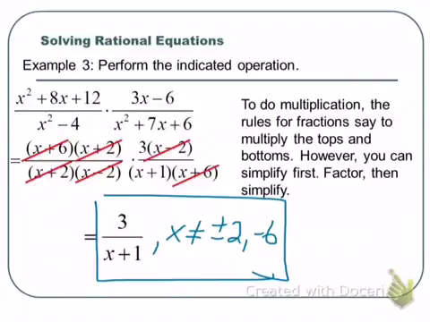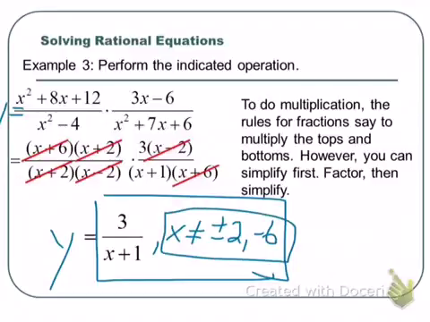Here's what I mean by that. If we were graphing this function, if y was equal to this thing we simplified, these three things are holes in the graph. Negative 1 is an asymptote in the graph. And so that's a big, huge difference.